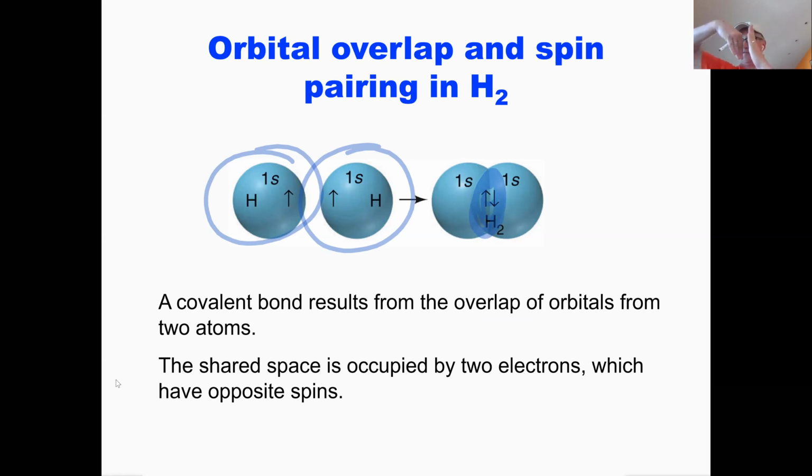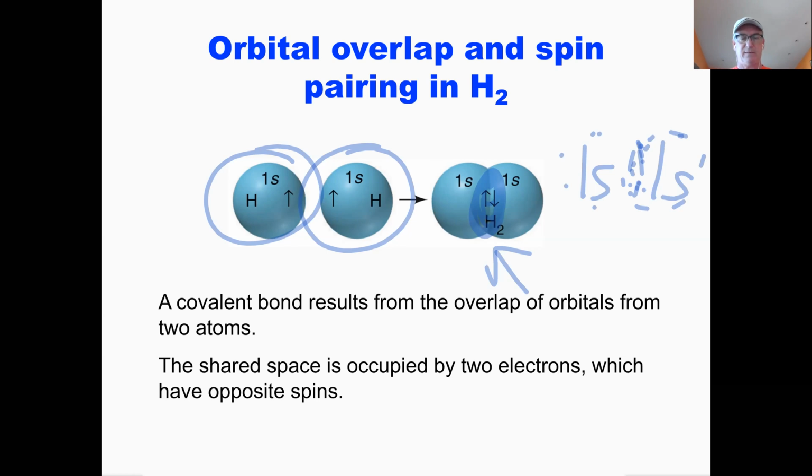One of them flips. So now we have one spinning up, one spinning down, and this is a covalent bond from a 1s coming in contact with another 1s. And so we have more electron density between them. That makes a bond. Everything's cool. Okay? So far, so good, right?